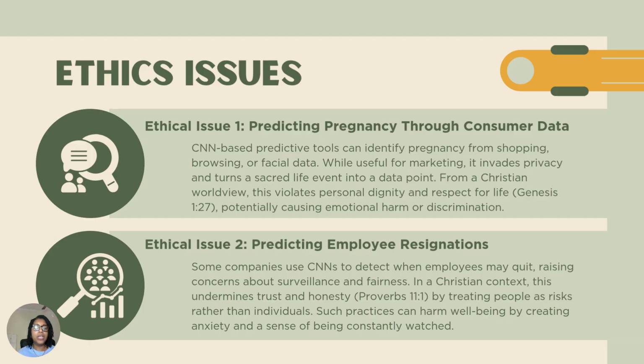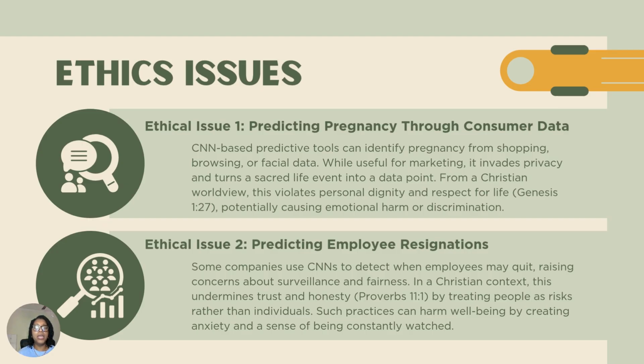And based on biblical truths, you want to kind of look in Genesis and it talks about that. But we don't want to cause emotional harm or any discrimination to anyone based on predictive modeling. So we have to be mindful of that, as well as Hewlett Packard was a few years ago, I think in 2013, using predictive modeling to predict whether or not employees were looking to resign or leave the company.